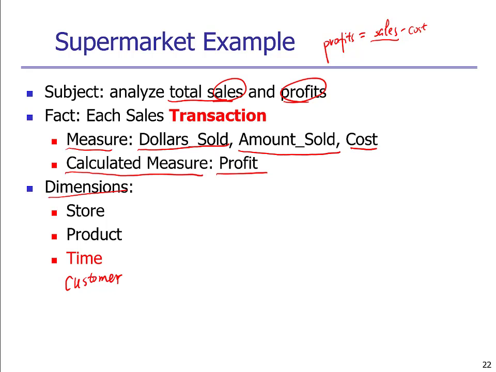Always remember that. For product, we can have, for example, its brand, its category. Between that, for example, a bread could be made of wholemeal, or there could be some fruit in the bread.